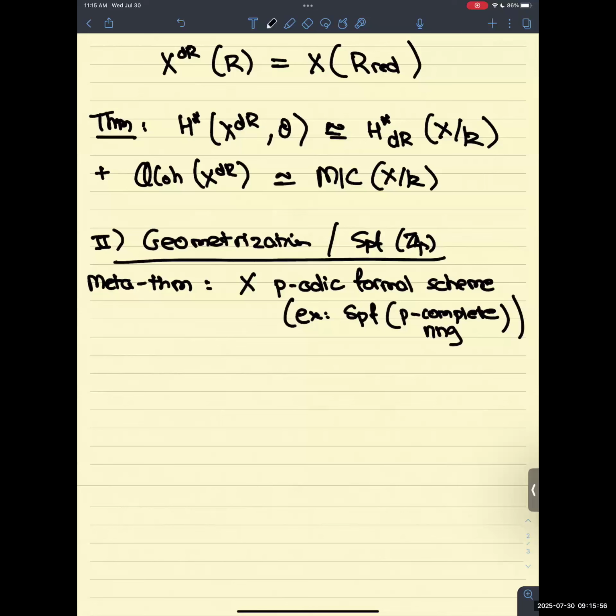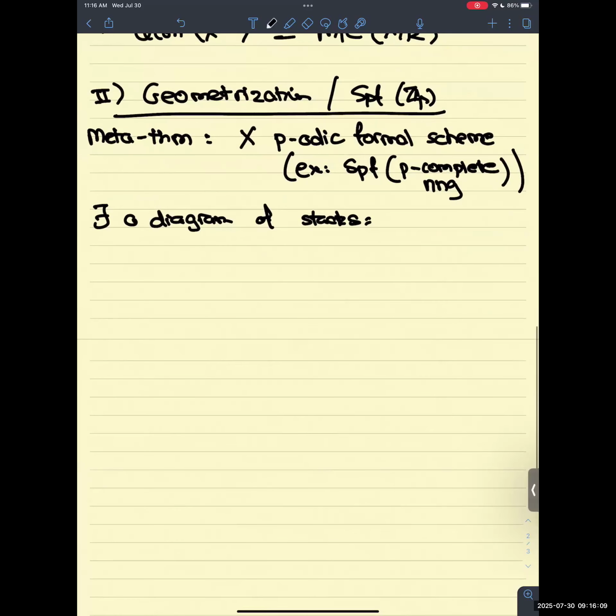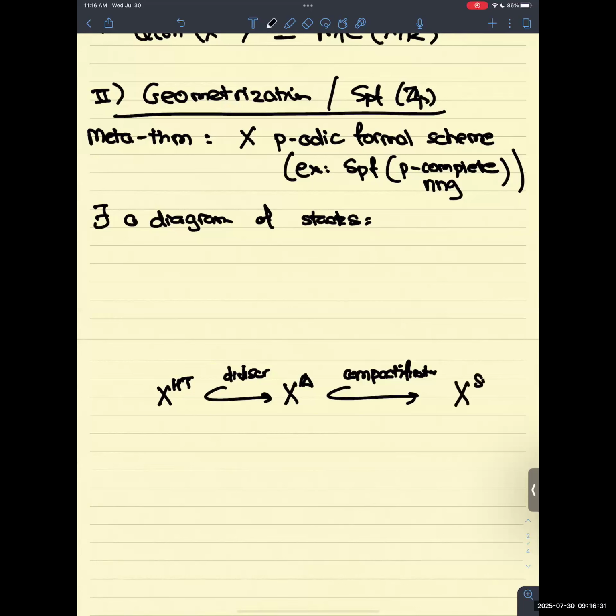And so for p-adic formal schemes, we're going to construct a diagram. There exists a diagram of stacks, which looks like so. So the primordial object is something called the prismatization. This contains a divisor, which is called X Hodge-Tate. This has a natural compactification, so it sits as an open dense inside something called the symptomification.